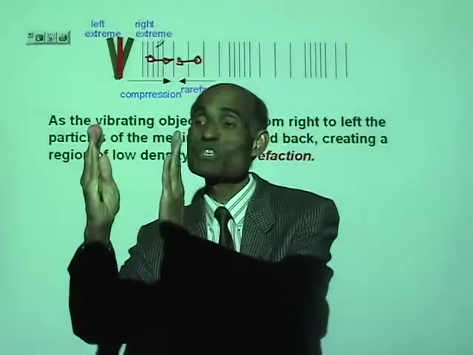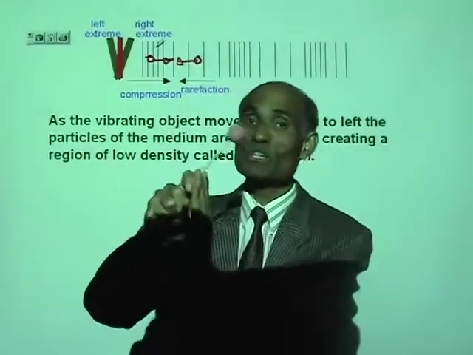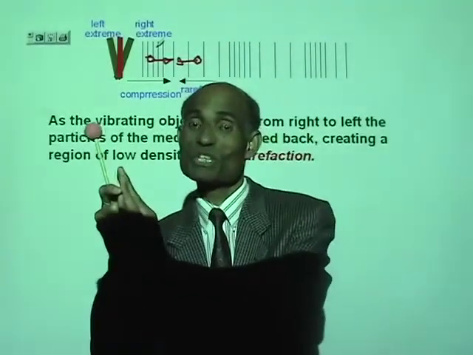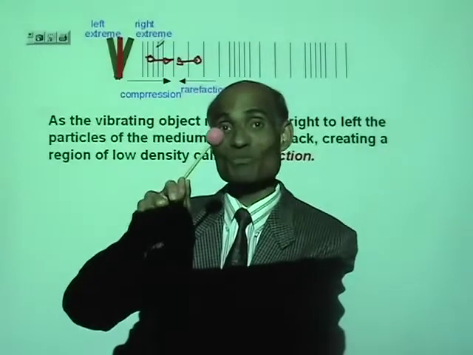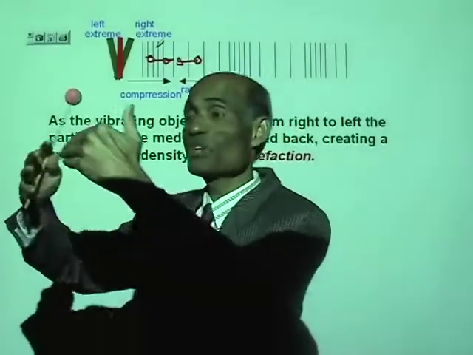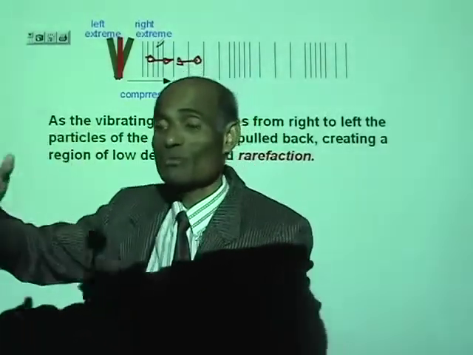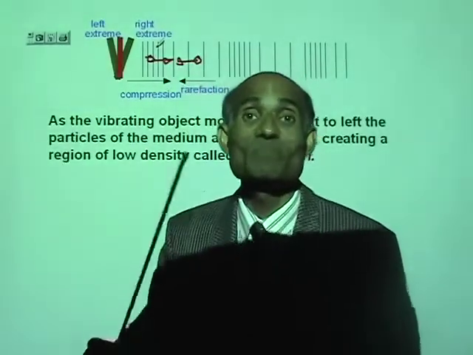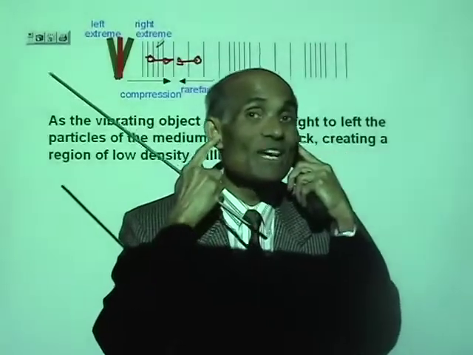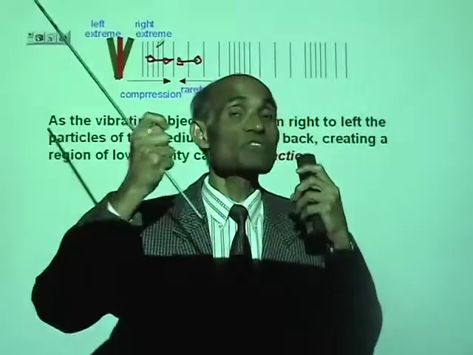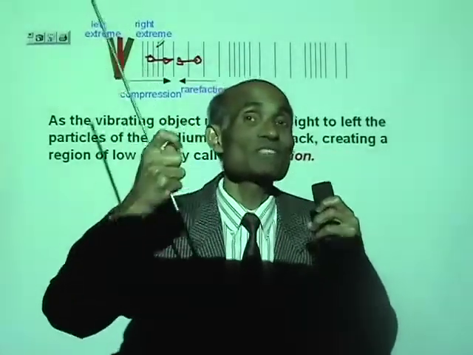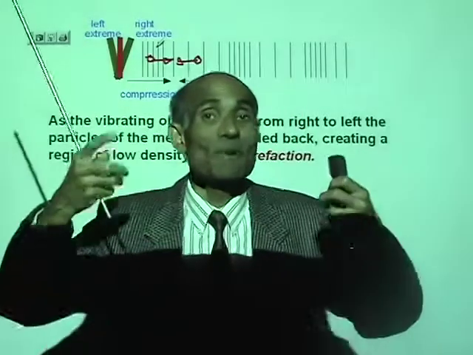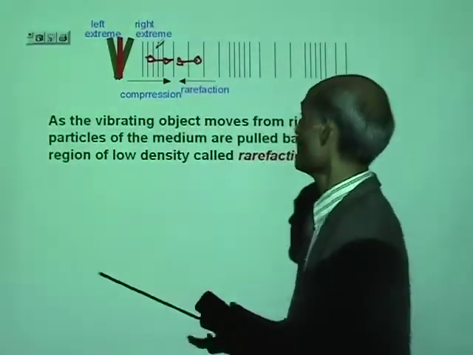it gets into regions of compression, regions of rarefaction, regions of compression, regions of rarefaction, and these compressions and rarefactions are propagated through the medium until it reaches your eardrum, and that sets your eardrum into the same vibration, making you hear sound.